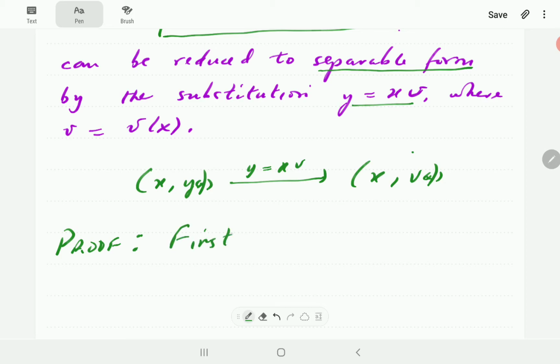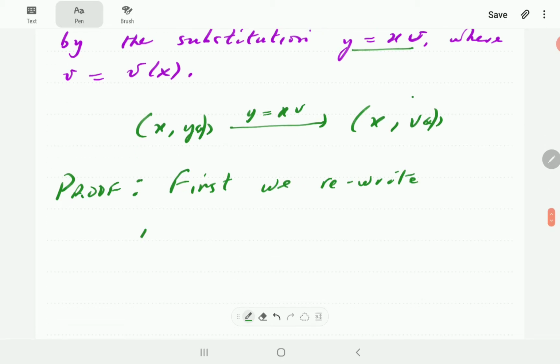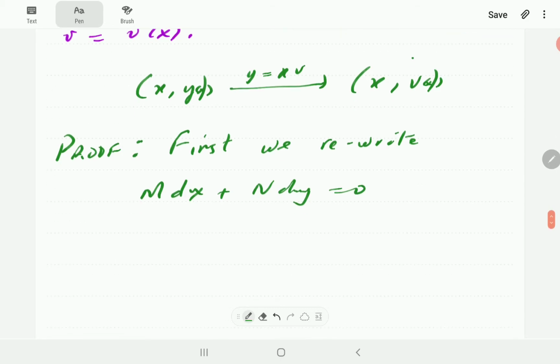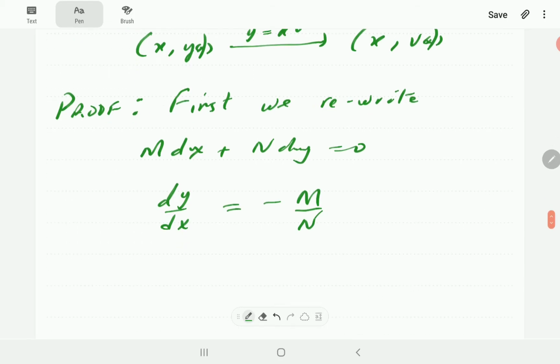So first we rewrite M dx plus N dy equal to 0 in the form dy/dx equals negative M over N.